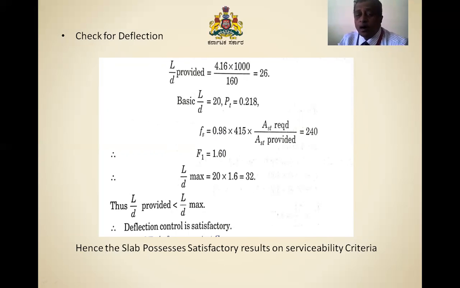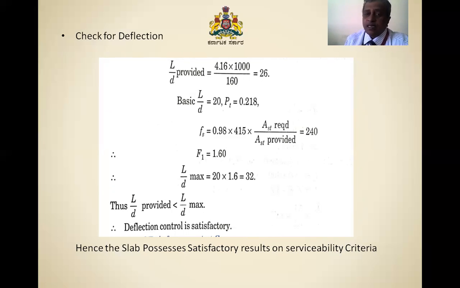We get a modification factor of around 1.6. This modification factor is multiplied with the basic value of L by D, and we get the maximum L by D allowed. This maximum L by D allowed should be more than the actual L by D, meaning L by D provided. L by D is 26, maximum is 32. Hence, the maximum L by D is more than L by D provided. Hence, the slab is safe against deflection.